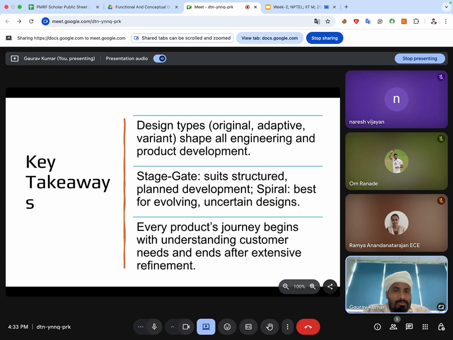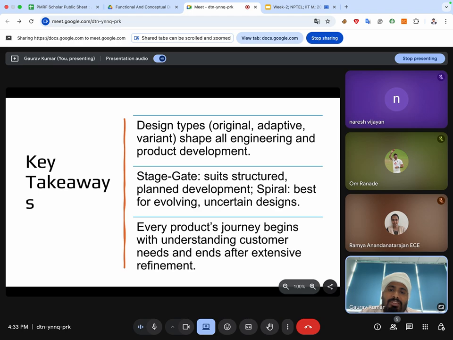Design isn't just creativity, it's a structured approach to problem solving. There are three fundamental types of design that we as engineers and innovators repeatedly use: original, adaptive, and variant design.